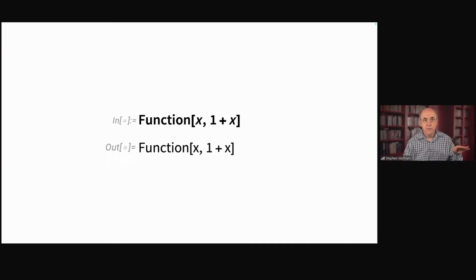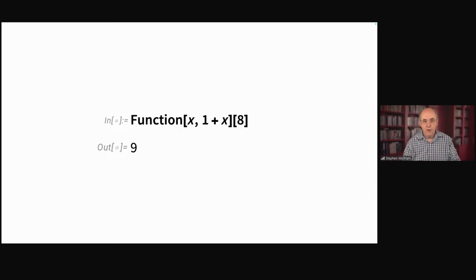On its own, it's just a symbolic expression that evaluates to itself: Function of x, comma, 1 plus x. But if we apply this to an argument, then it substitutes that argument into its body and then evaluates that body. So that looks like this.